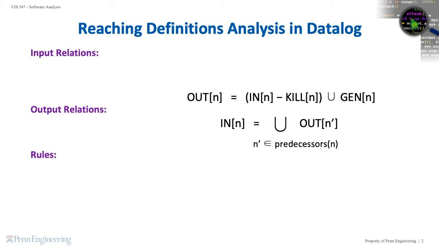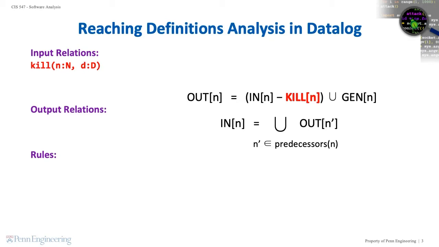And in order to compute in of n, we need to know predecessors of n. Therefore, the input relations should give Datalog's constraint solver knowledge of the contents of the kill, gen, and predecessors sets. Moreover, all three of these relations can be computed from the control flow graph of the procedure to be analyzed.